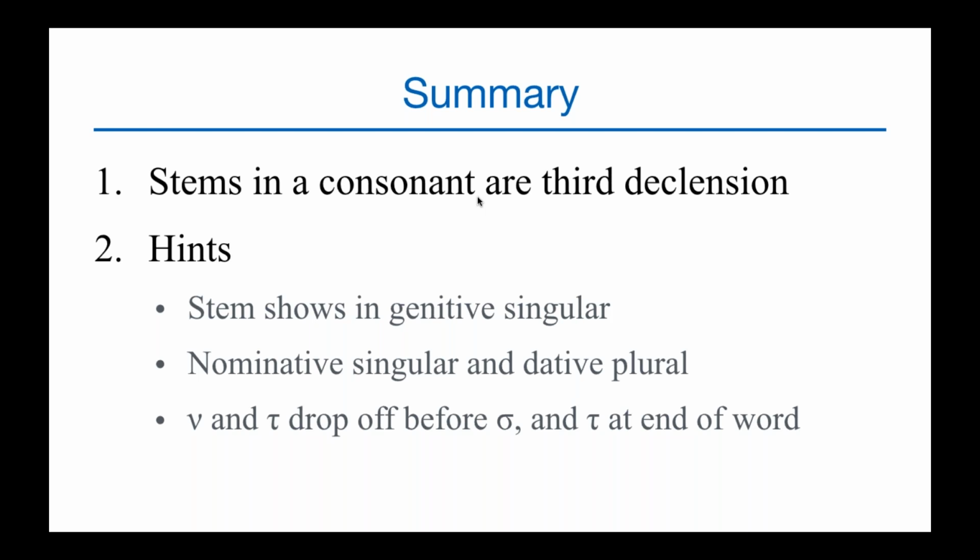That's going back to what we were showing before: if you know what the genitive is, you leave off the omicron sigma, and what you're left with is the stem. The nominative singular and the dative plural are going to be the forms that are different. And then the nu and the tau drop off before a sigma, and a tau just drops off at the end of any word.